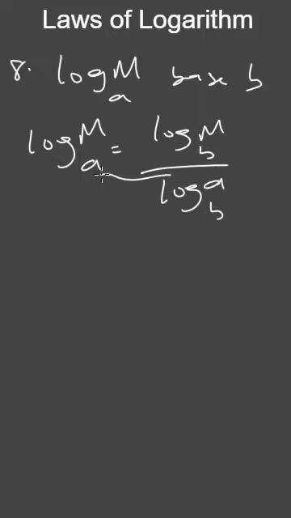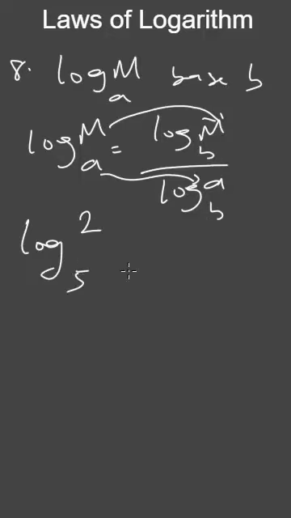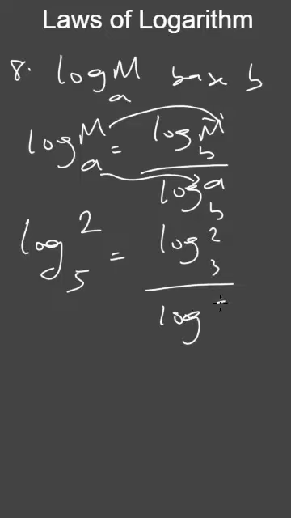You simply take this here and you take this here, and the base becomes base b. For example, if you have log 2 to base 5 and you intend to change this to base 3, you can write it as log 2 to base 3 divided by log 5 to base 3. So these are the 8 laws of logarithm.